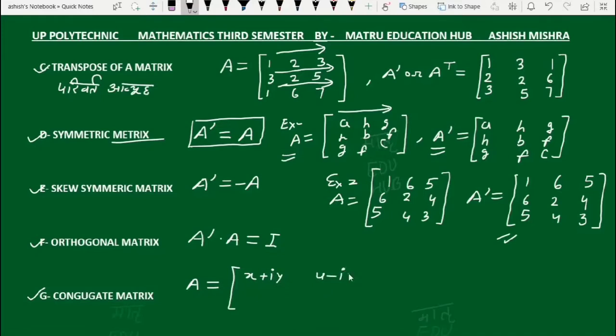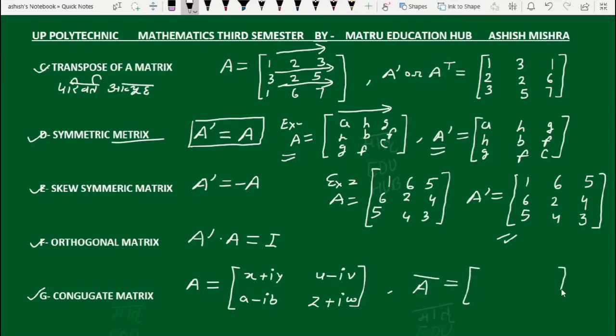x plus iy, u minus iv, a minus ib, and z plus iw. Then the conjugate matrix is represented by A bar.